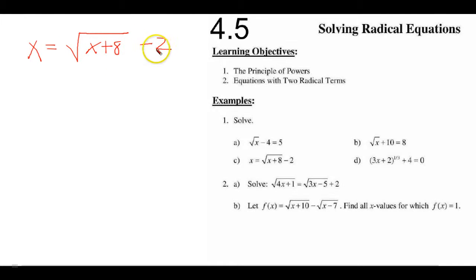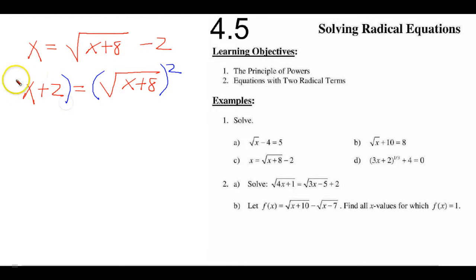So we're going to transpose this 2 to the other side. So we get x plus 2 equals the square root of x plus 8. Now the rule here is the same. To get rid of the radical sign, we want to raise it to the power of the index number. But if we do it to one side, we must do it to the other.